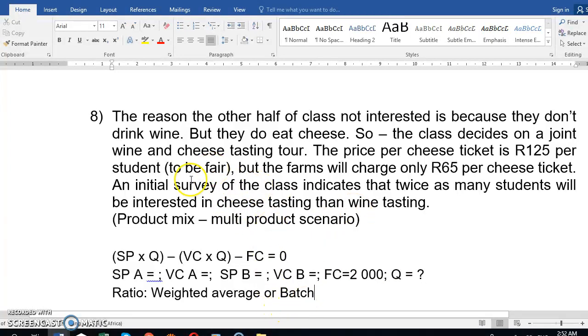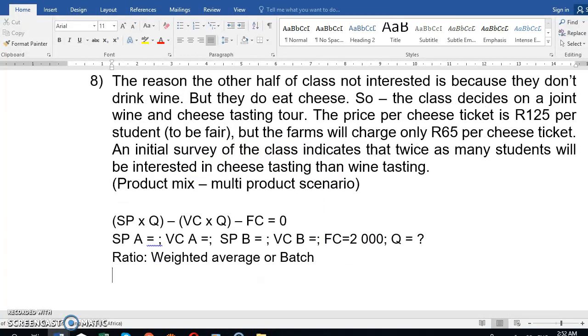If they tell you an initial survey of the class indicates that twice as many students will be interested in cheese tasting than wine tasting, so in other words, if you apply the weighted average, that means effectively it's 2:1. So cheese is equal to 2/3, because it's 2:1, and wine is 1/3.